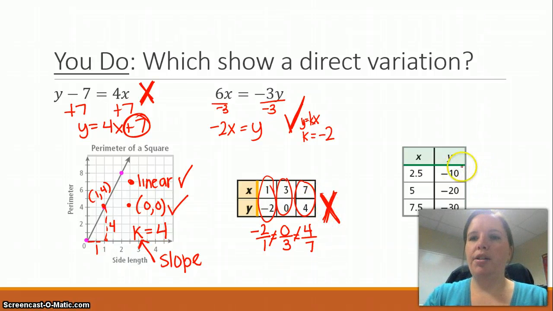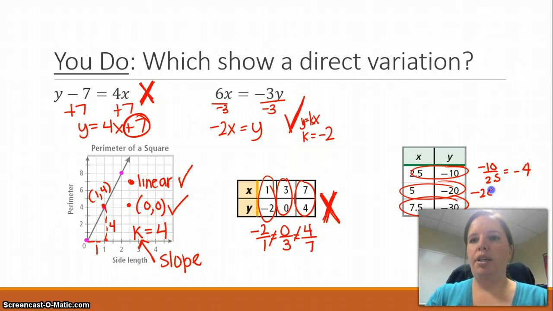If we look at the y's over x's in our second table, negative 10 over 2.5 is negative 4. Negative 20 over 5 is negative 4. Negative 30 over 7.5 is also negative 4. So this represents a direct variation where k is equal to negative 4.